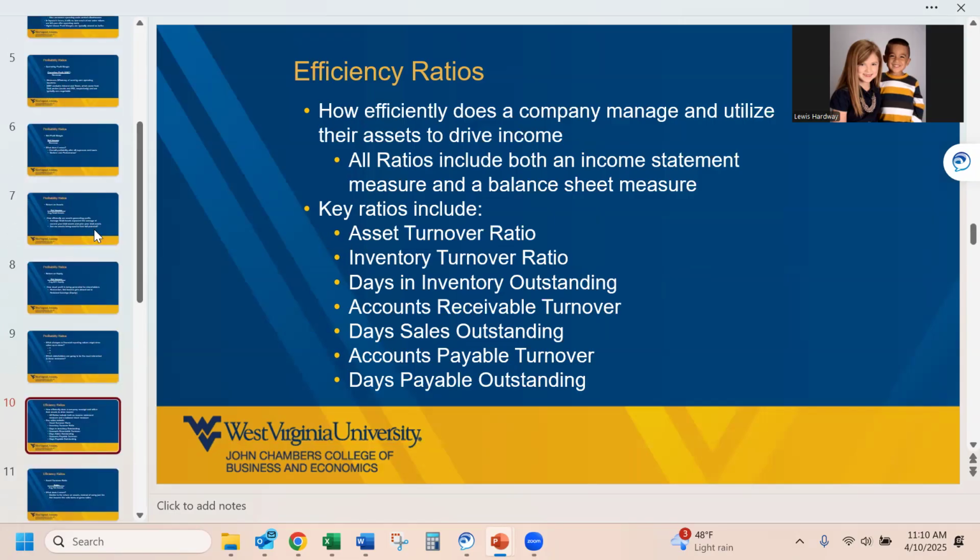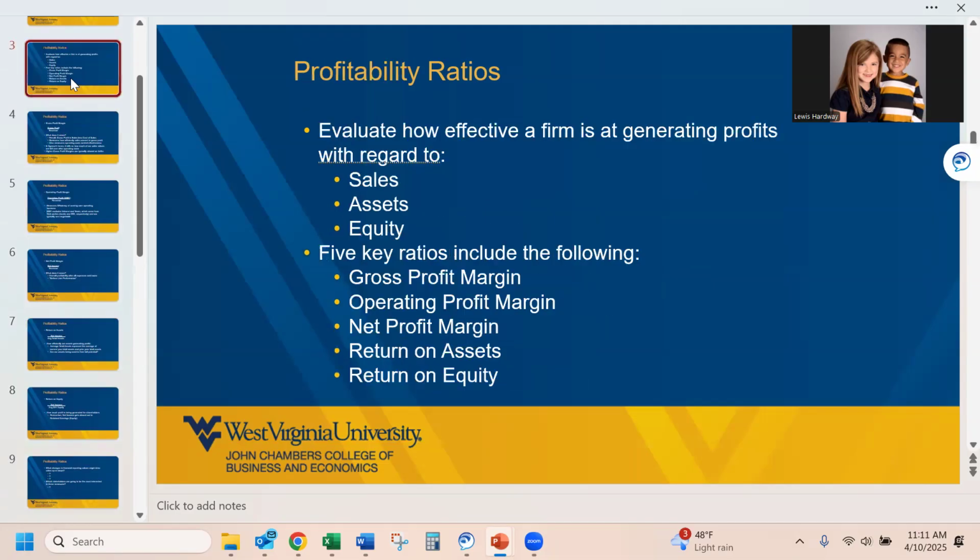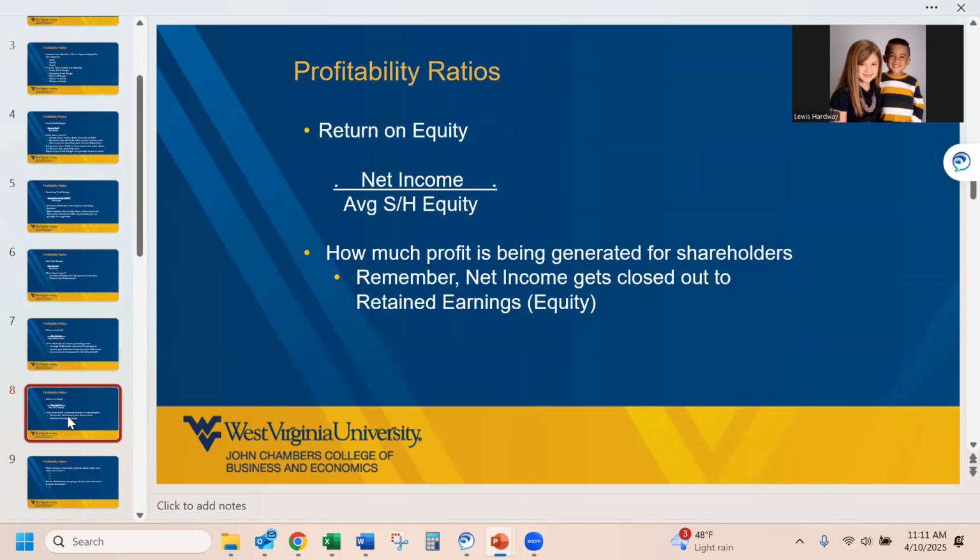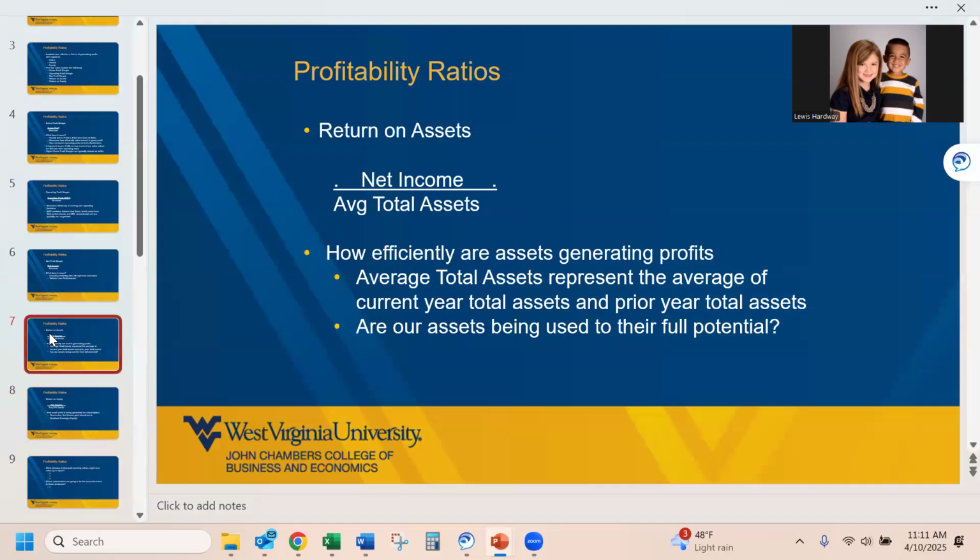All right, I've confused myself here. Oh, I told you guys I'm tired. Return on assets. Okay, so return on assets was here, where we're looking at net income over total assets.